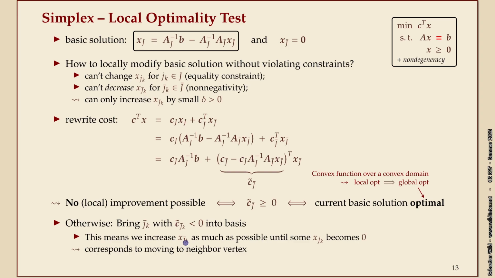And that means, so you increase this variable, and you do that until some of the base variables drops to 0. And you can compute how far that is, so you can essentially use more linear algebra to do that step in a smart way. But that's really getting into the implementation.